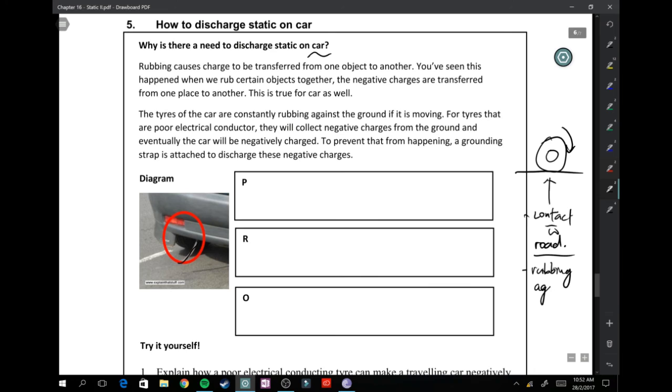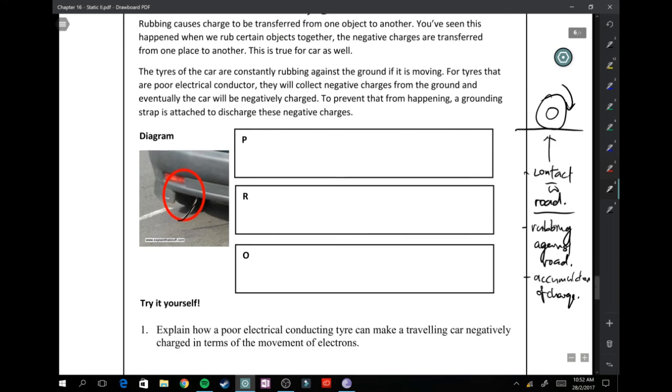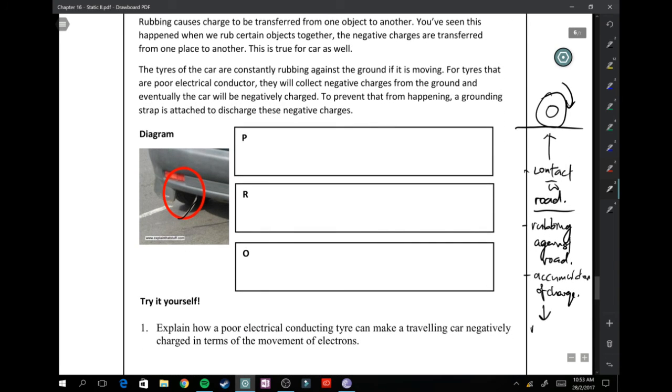Now with this, what you get is an accumulation of charges. You are transferring charge from one place to another, basically from the road to the tire. So it's between the road and tire.